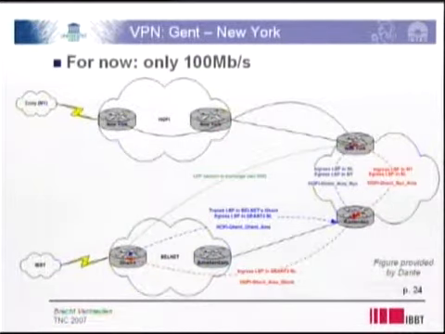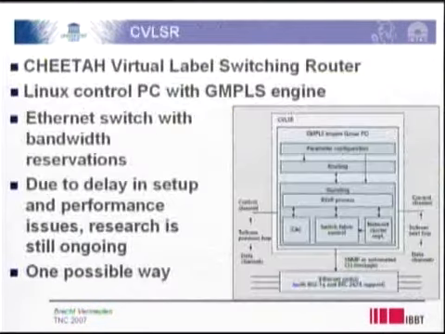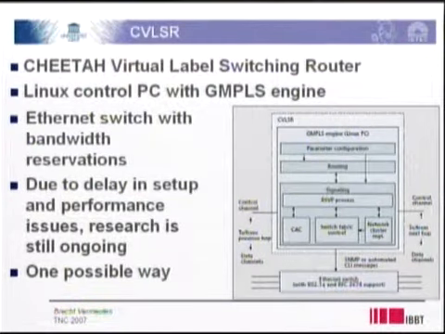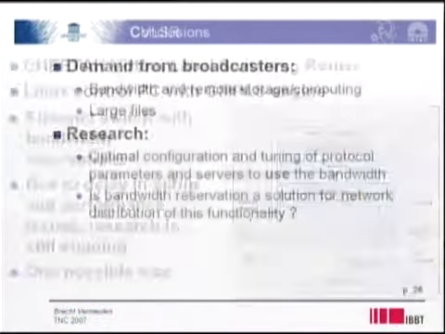Because they're in New York, they have experience with the Cheetah virtual label switching router. So they have made a software engine on a Linux PC which can drive Ethernet switches for doing bandwidth reservation. So the idea is that we can test with that to see how it can be optimized and whether it is suited or not for the broadcaster world.